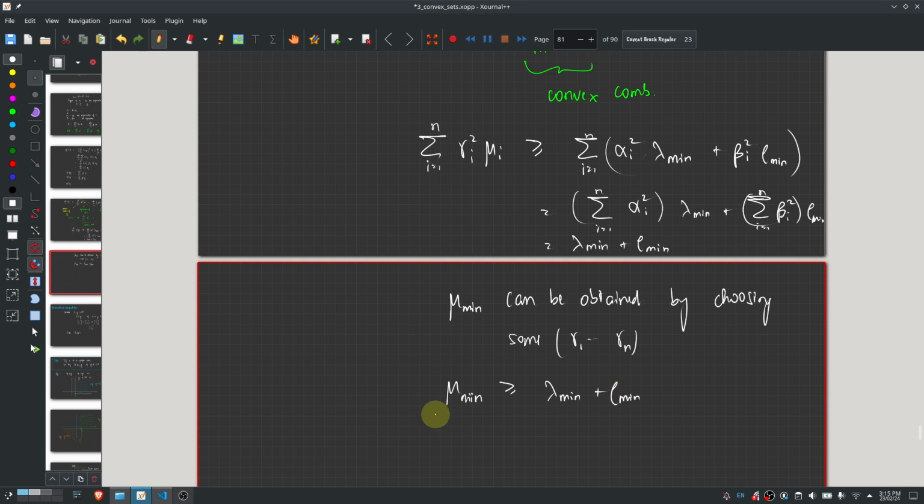Using the same argument, you get that mu max is less than or equal to lambda max plus rho max. Okay, this is true for any symmetric matrix.